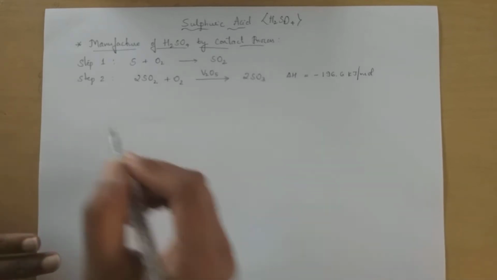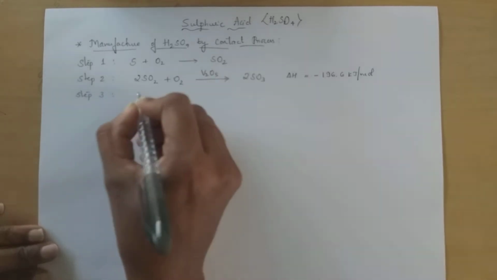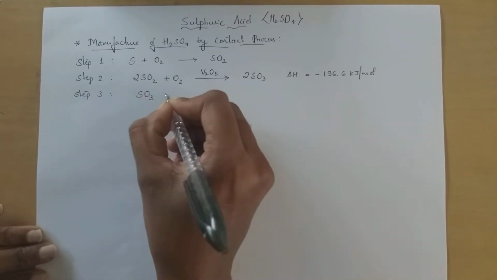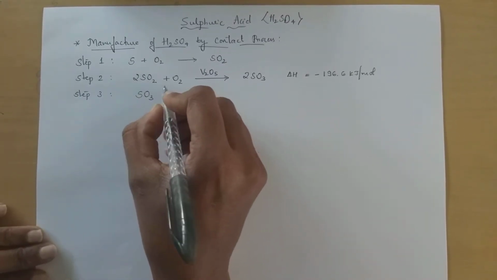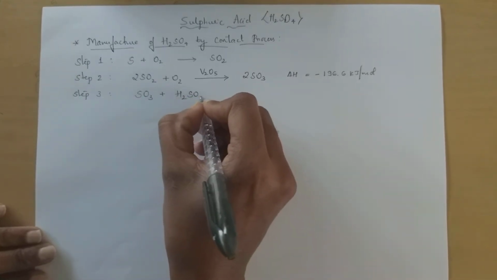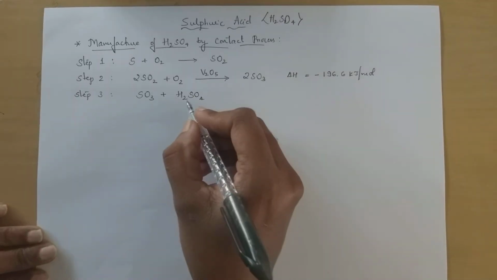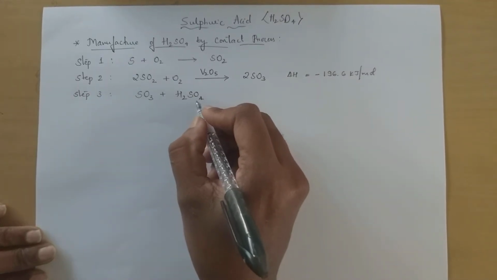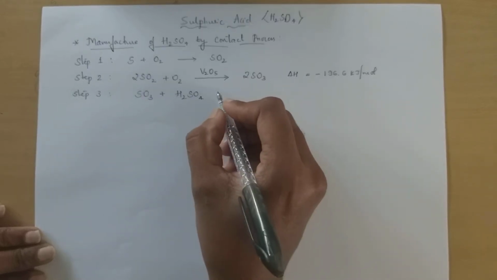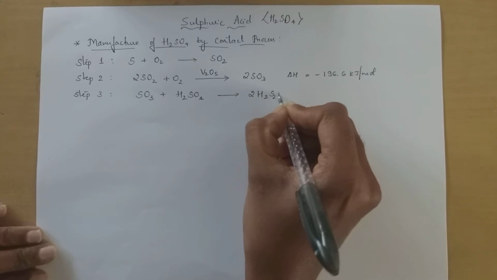Next, in the third step, the obtained sulfur trioxide gets absorbed in concentrated H2SO4. So the sulfur trioxide that is formed gets absorbed by H2SO4 to give H2S2O7.